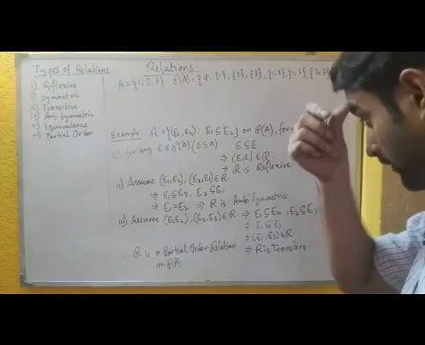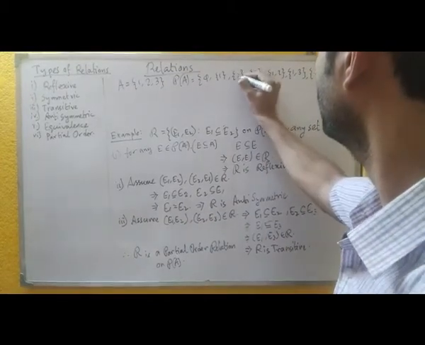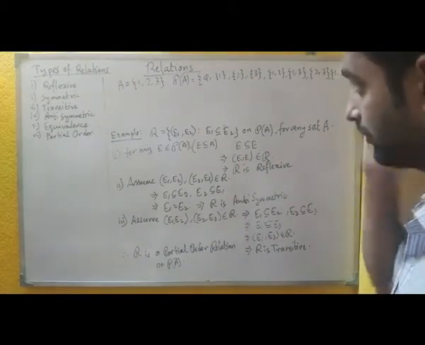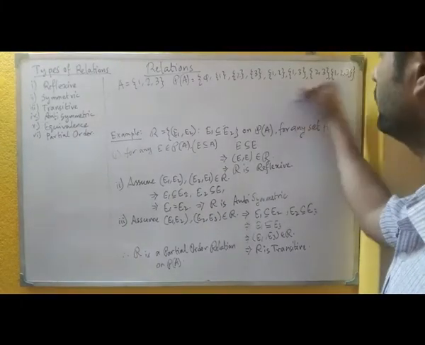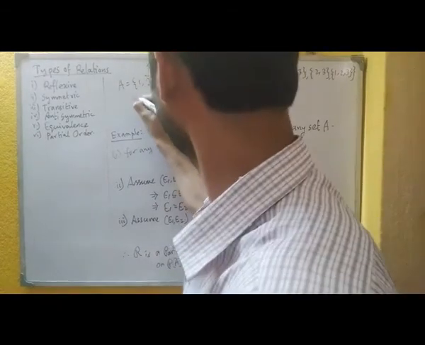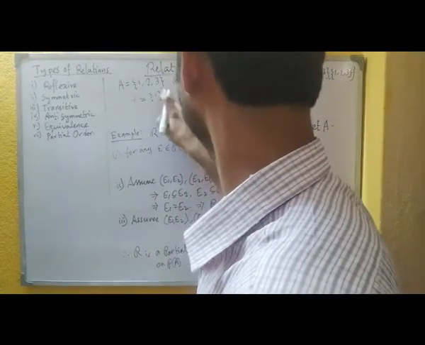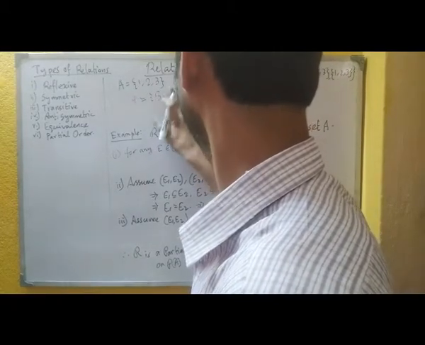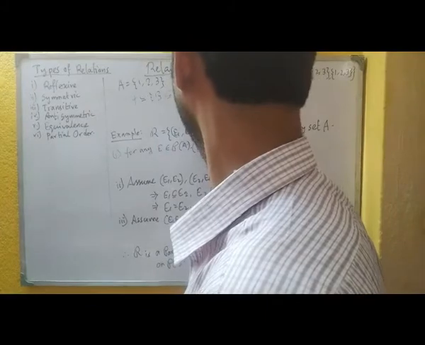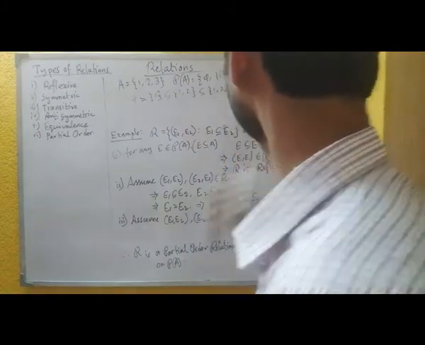So let us see what ordering we can define on this set, because this explanation says that we can define an ordering in this set. We can give orders like this: phi is a subset of {1}, is a subset of {1, 2}, is a subset of {1, 2, 3}.